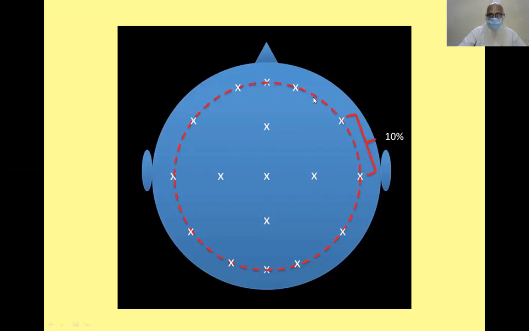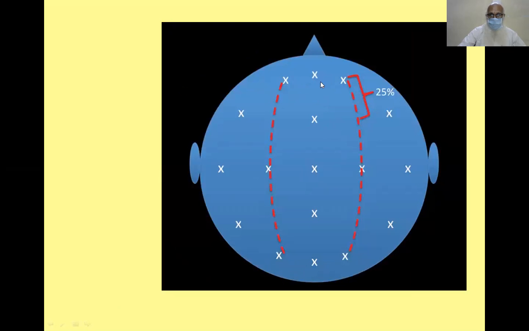Now here, 10% each, 1, 2, 3, 4, 5, 6, 7, 8, 9, and 10. 10% each here. Then from the second point you can have this line, and that is divided into 25% each.